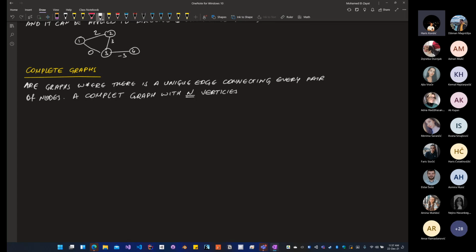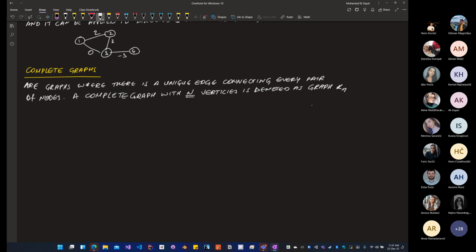A complete graph with n vertices is denoted as the graph Kn.